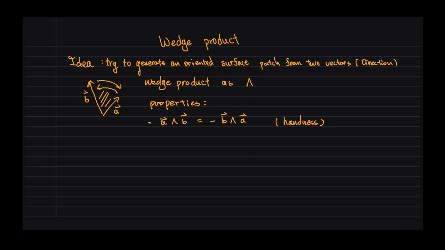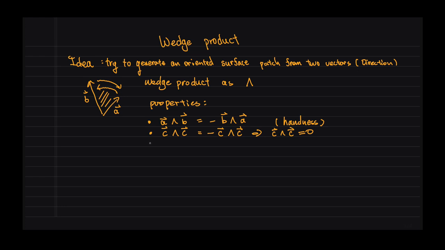And from this property, we can easily see that if a vector wedges itself, C wedge C for example, no matter where vector C is pointing, it has to equal minus C wedge C, and this equation can only be satisfied when C wedge C is equal to 0.